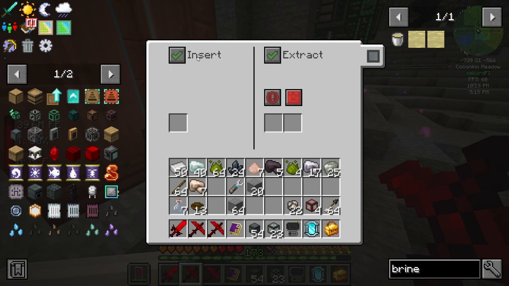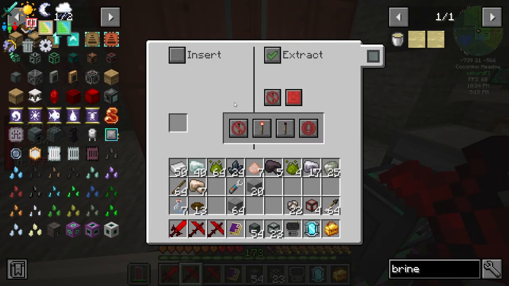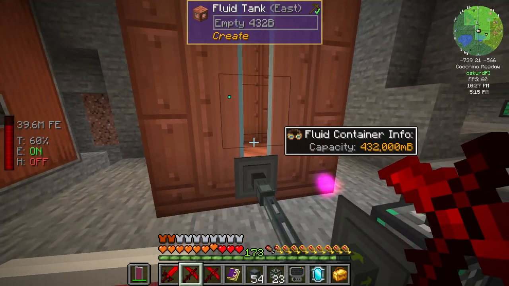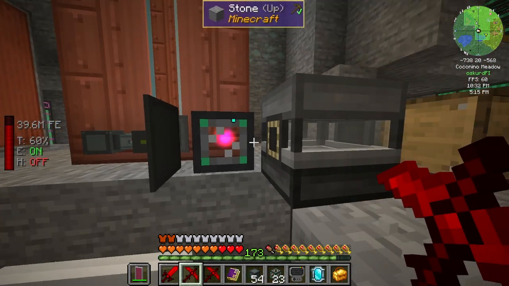Okay, insert only, and then extract always on. So now liquid comes from here to here.